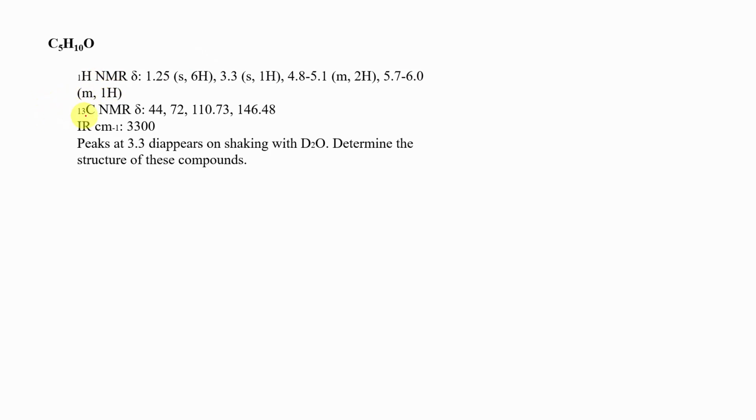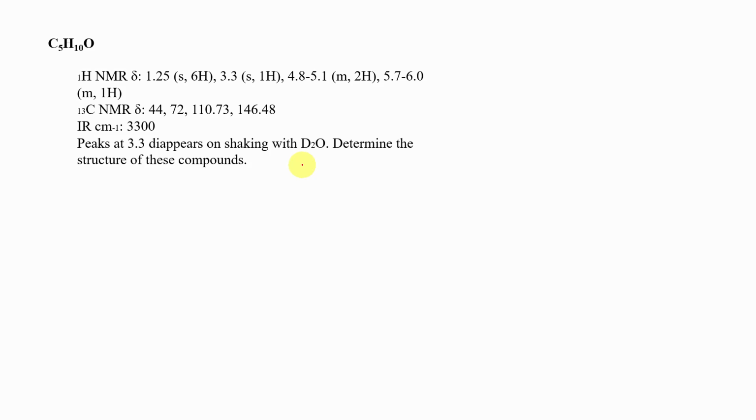It gives carbon-13 NMR values as 44, 72, 110.73, 146.48. It gives an IR value of 3300 cm⁻¹. One characteristic of this molecule is that its peak at 3.3 disappears on shaking with deuterium oxide. Determine the structure of this compound.